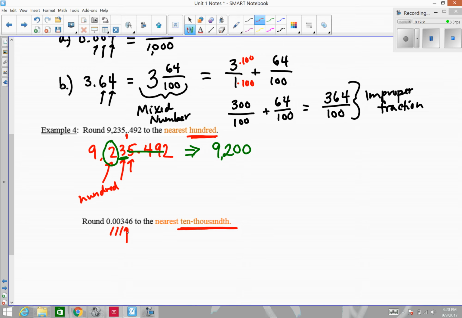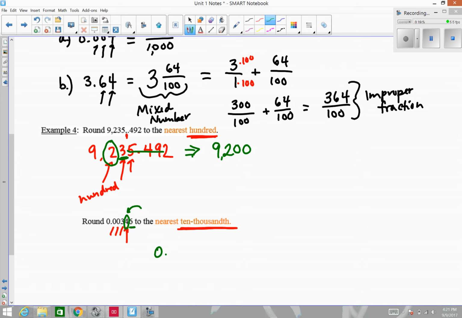So I'm looking at this 4, and I have to decide, am I going to keep this 4 the same value of 4, or am I going to bump it up by 1? And I look at the next digit to the right of that to decide. So I'm looking at the 6. Since that is 5 or greater, I want to bump up my 4 by 1 digit. So I'm going to make the 4 a 5.